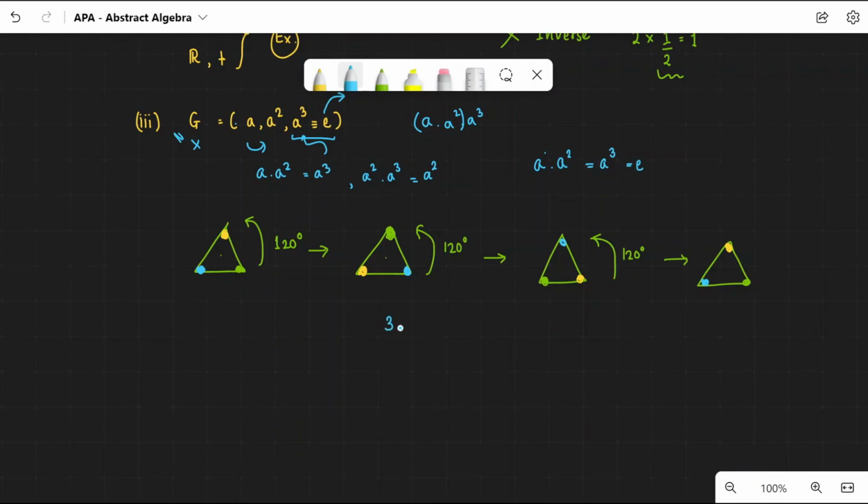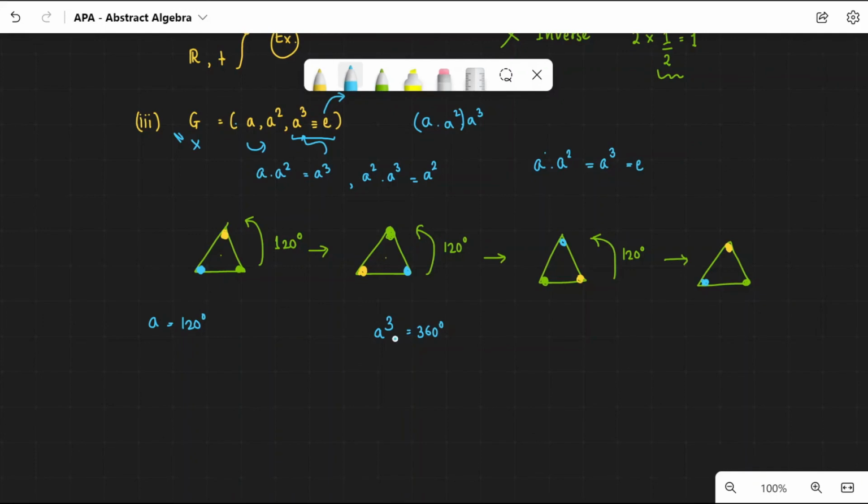So if we say that a is nothing but a rotation of 120 degrees for this triangle, then a cubed will be a rotation of 360 degrees. And we know that if we rotate any object, any shape in 2 dimensions, by an angle of 360 degrees, we get back the same thing.